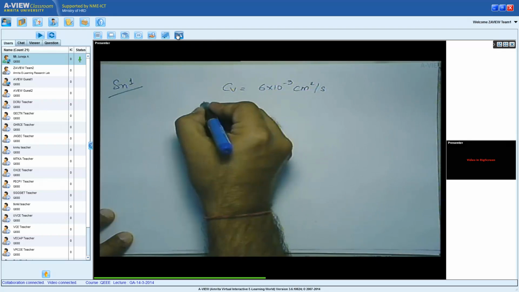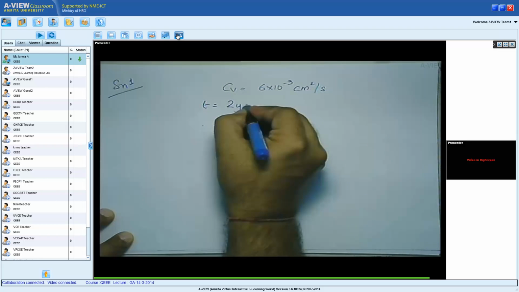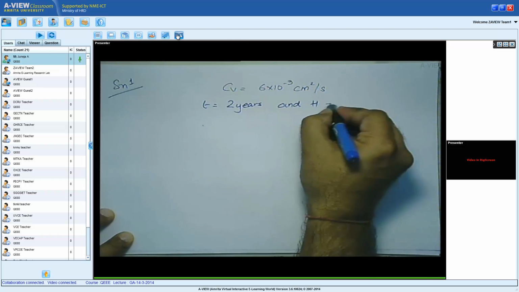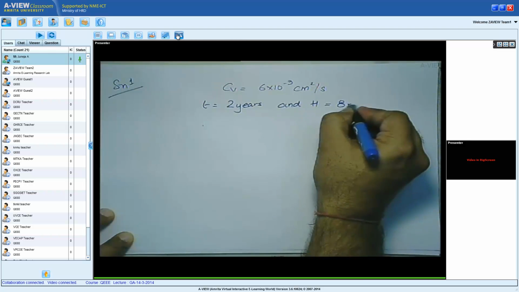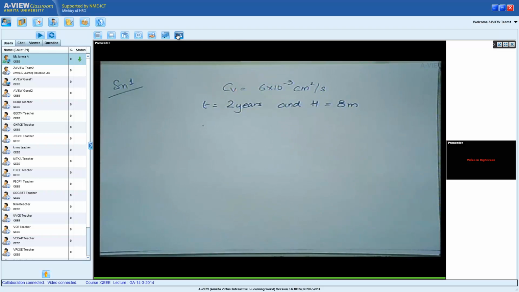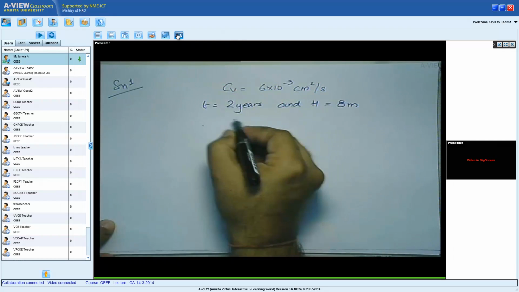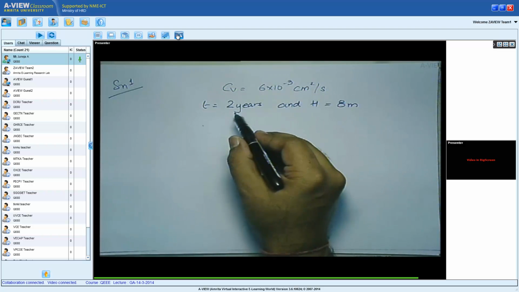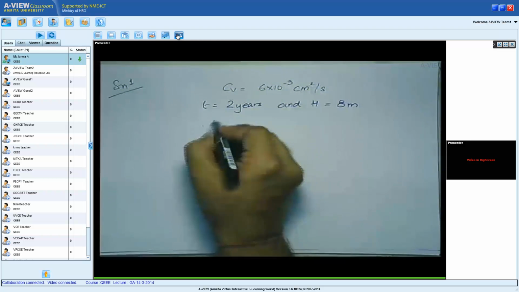It's given that time T is 2 years, and the thickness, or the drainage path, is given as 8 meters. In this case, the thickness of the clay layer is the same as the maximum distance the water will have to travel. So if I'm given a time T, my first step for such a problem is to calculate TV.